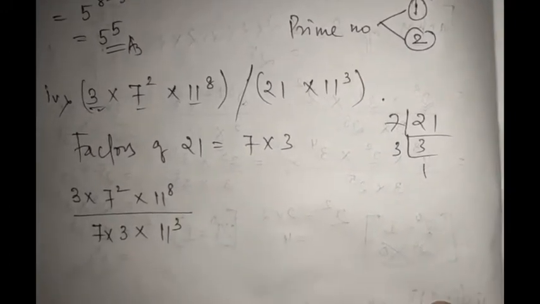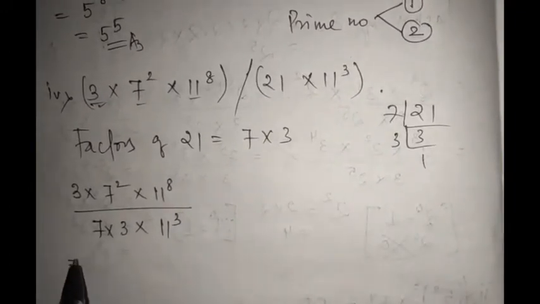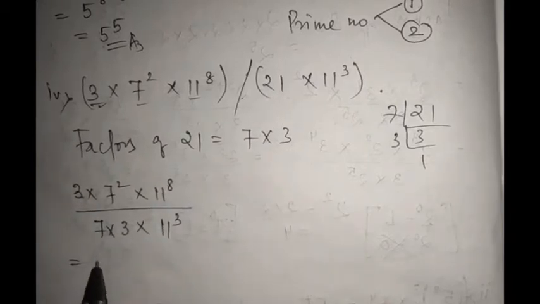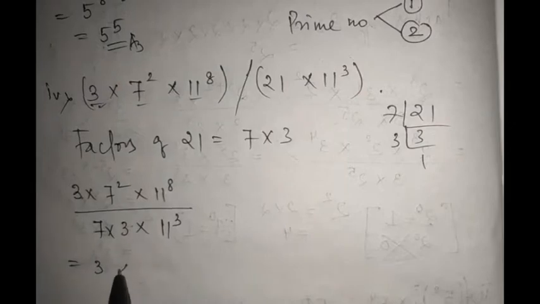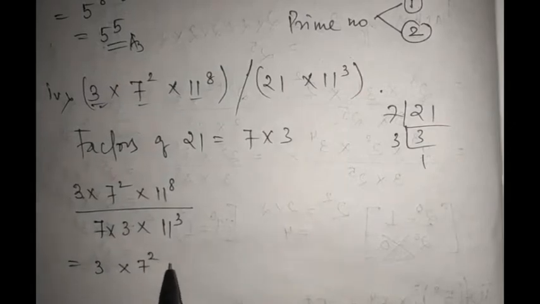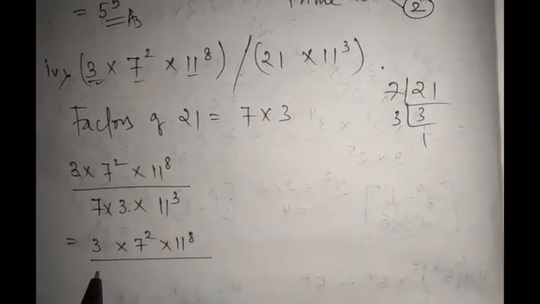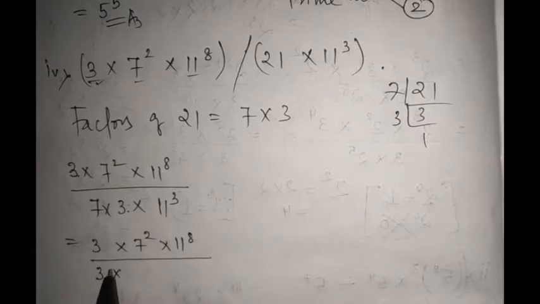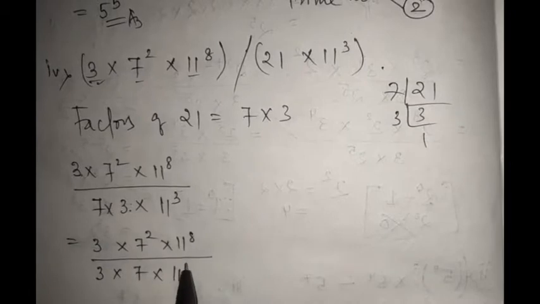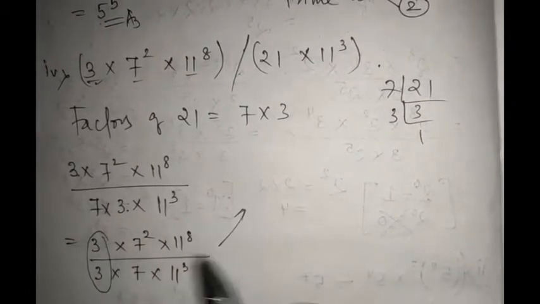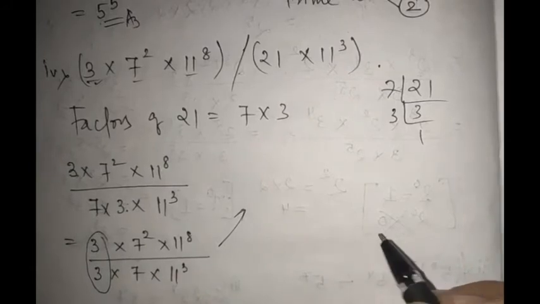Now you just see. Now what can we do? This 3 and 3 can be cancelled, but I'm not going to cancel like this, because let's do it in the manner we solved the first question. So you have 3 below in the denominator, so write 3 below this 3 only. Now you have the 7 also, so just write 7. If you have 11, yes, you can write 11 also. Now when you have the same base and there is a division, what will happen?